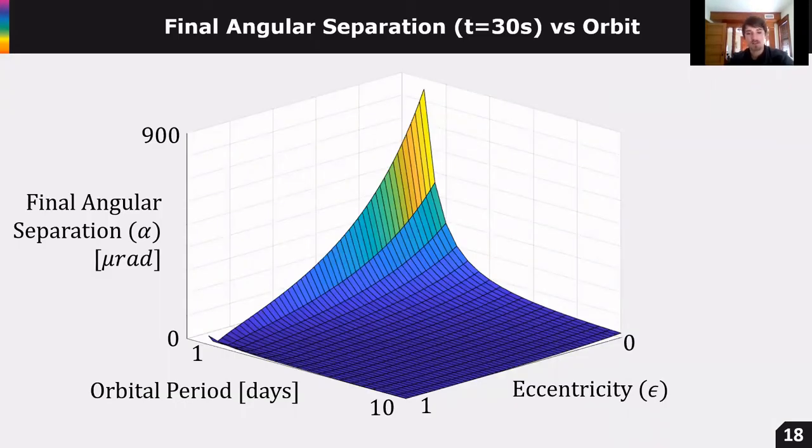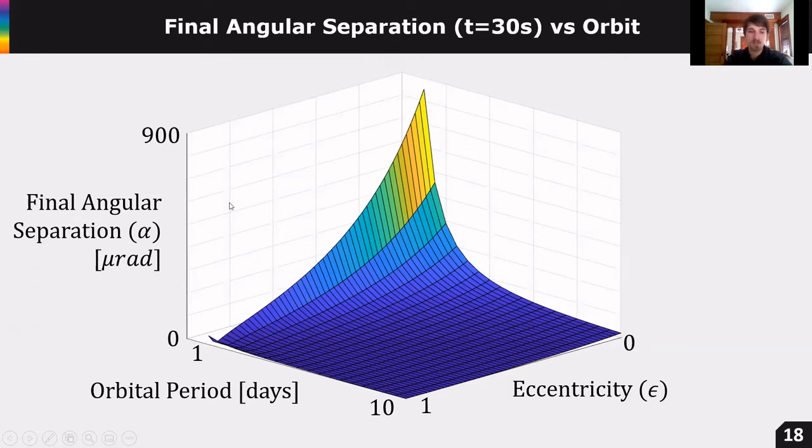What I have here, plotted in 3 dimensions, is the final angular separation between the mothercraft and the nanocraft. On the X and Y axes, I have those different orbital parameters, with small orbits to large and circular to elliptical. And vertically, we have the angular separation.